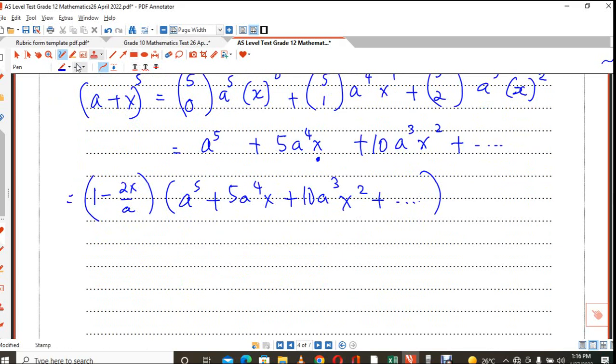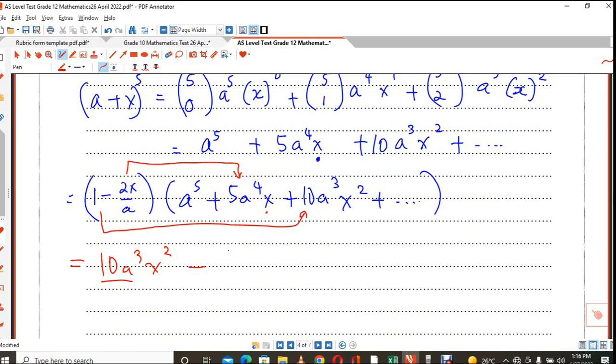So if you were to multiply the 1, you're looking for an x squared, right? So 1 times all the way with this business here. We agree? So that's giving me 10a cubed x squared. Another one, if you multiply the negative 2x over a, it must multiply with this one. So that means it's going to be a negative value.